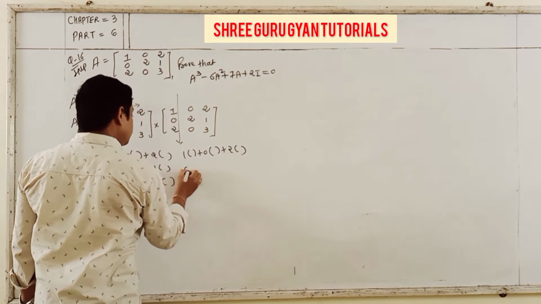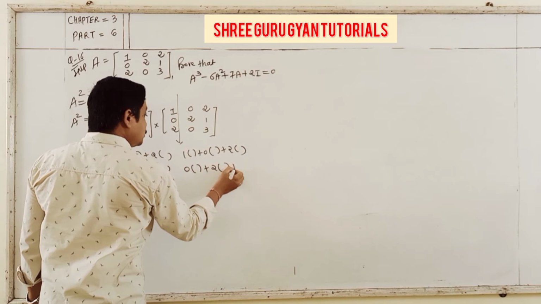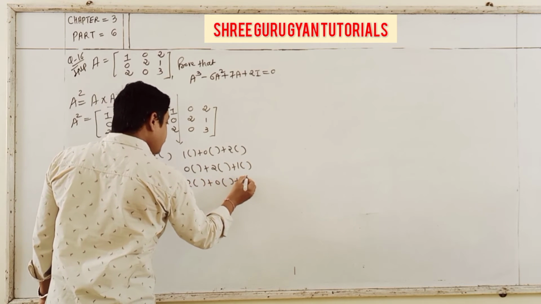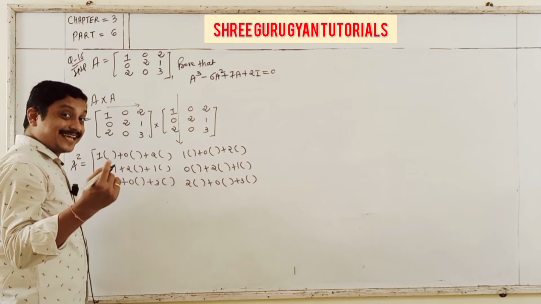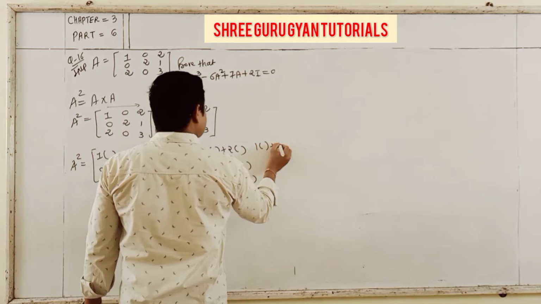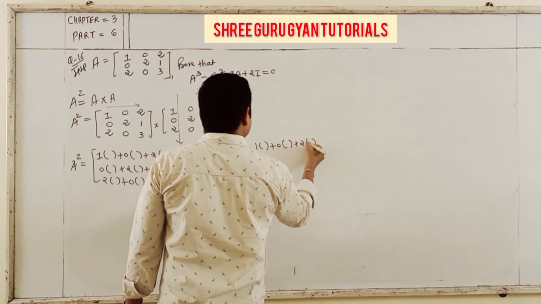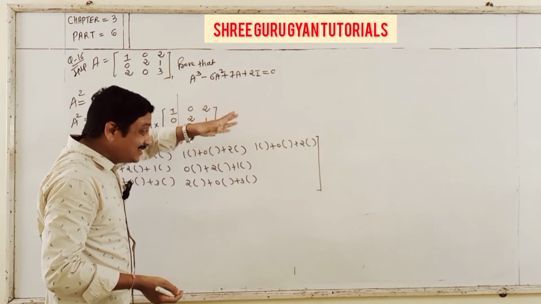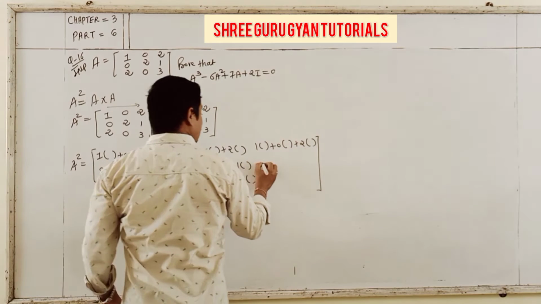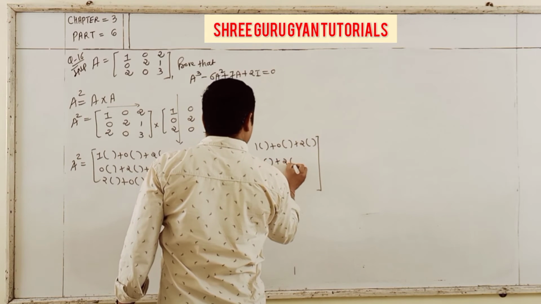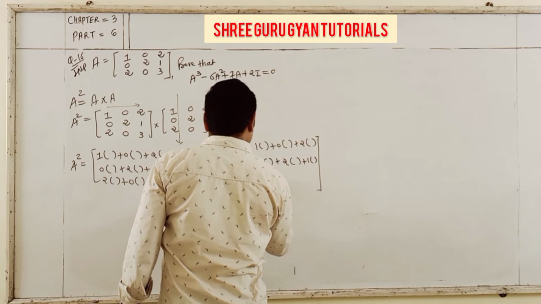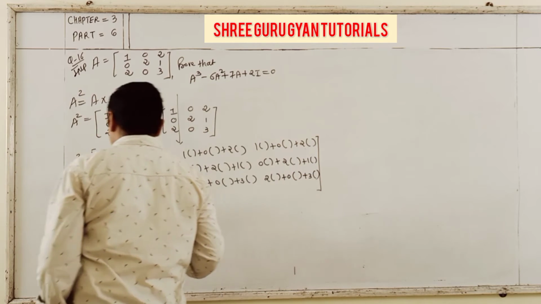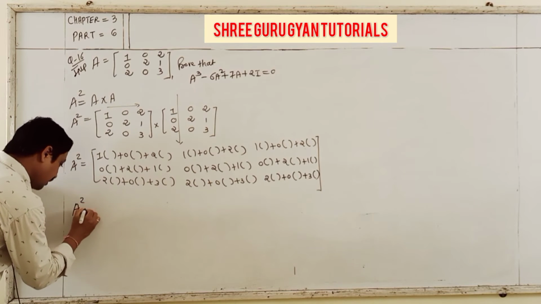1 0 2, 0 2 1 and 2 0 3. Last time 1, 0, 2. Similarly, students, here put your second column and then in a similar way the third column: 1 0 2, 0 2 1 and last 2 0 3, and push down your values successfully.